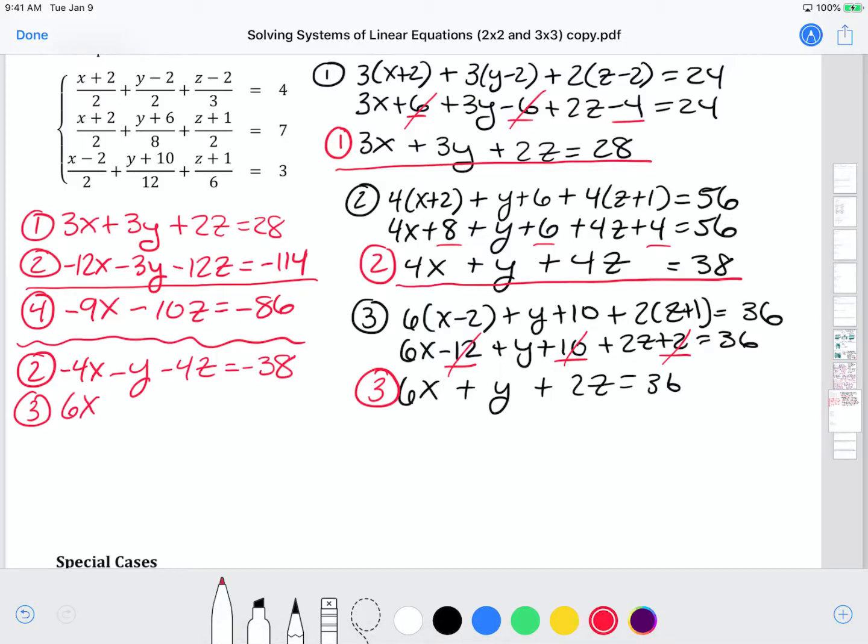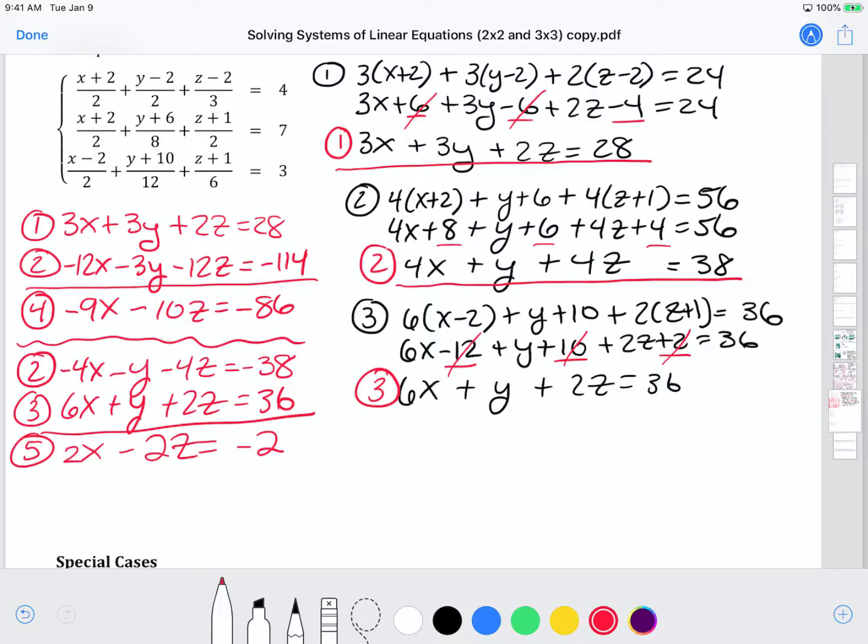So I have a 6x plus y plus 2z is equal to 36. And I'm going to add those vertically. So that gives me a 2x. This will give me my equation 5. The y's disappear. I'm left with a minus 2z is equal to a negative 2.